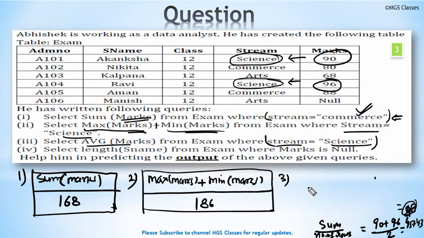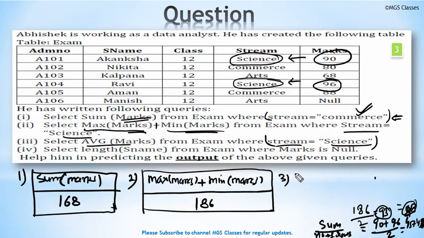Let me check: 45 plus 48 gives 93. So the sum is 186, divided by 2, and the average of these values will be 93. You can see it here.